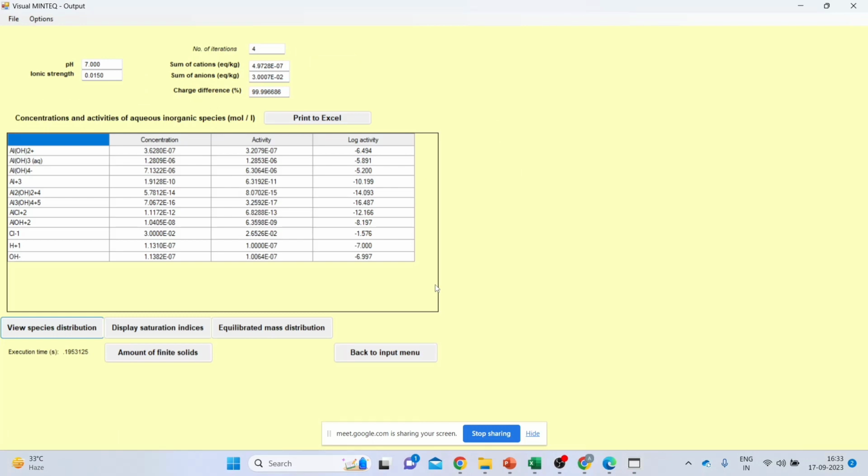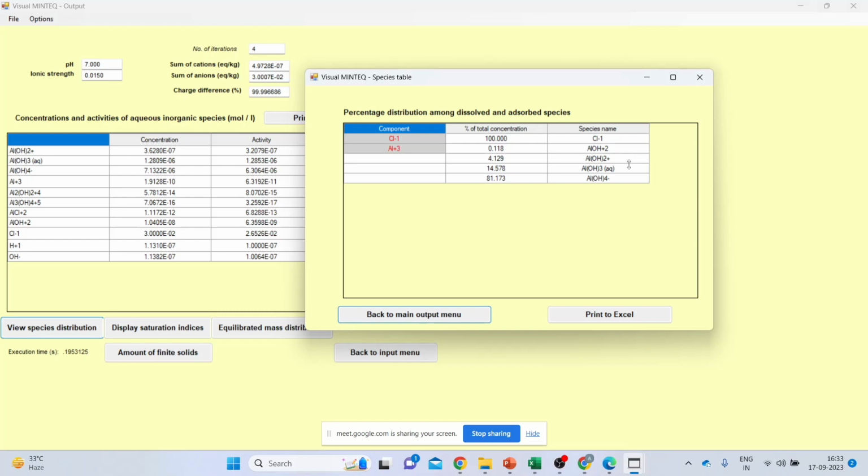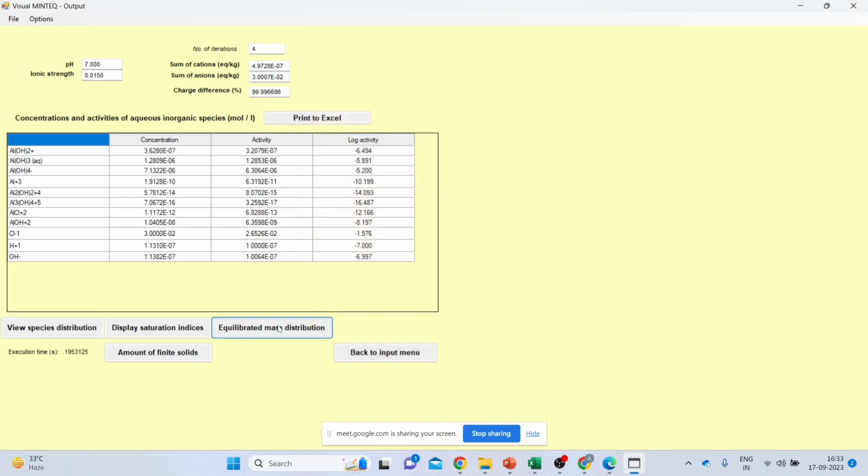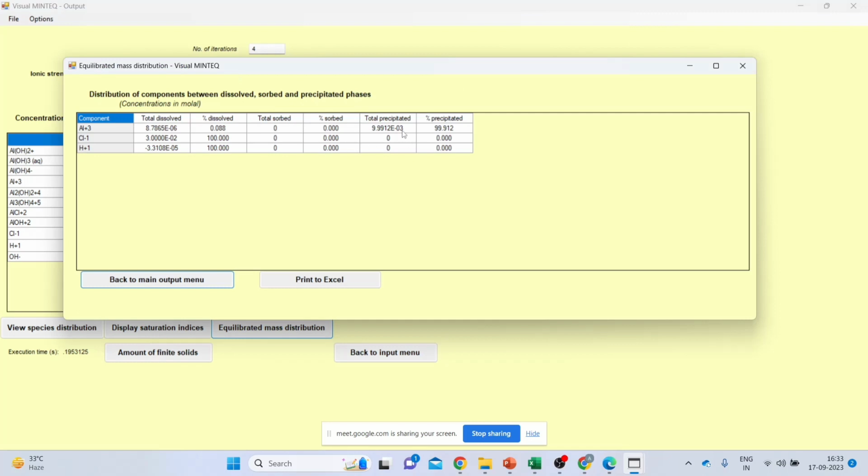So this was a problem because I forgot to add the solid which may precipitate in the system. So it was aluminium hydroxide. Now let's see the various species distribution. So this is for the distribution of the dissolved species. So we cannot see the solid forming here, but here we can see that aluminium hydroxide is getting precipitated.